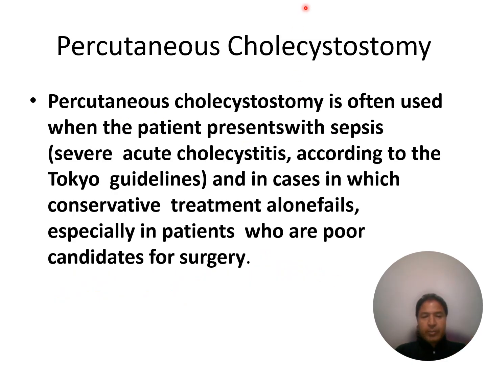Percutaneous cholecystectomy is often used when the patient presents with sepsis, severe acute cholecystitis according to the Tokyo guidelines, and in cases in which conservative treatment alone fails, especially in patients who are poor candidates for surgery.